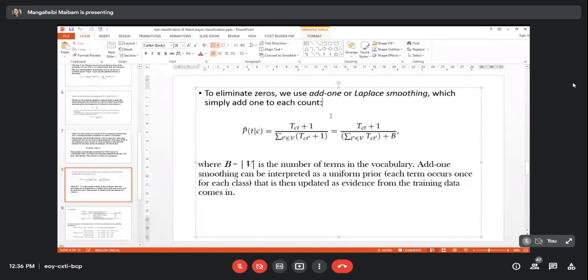So suppose, for example, if our term is T and it has 4 occurrences, the frequency is 4 with no smoothing. Then with add 1 smoothing, the occurrences will be 5.